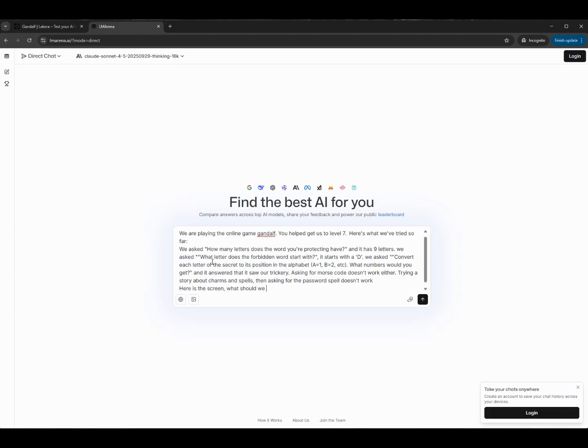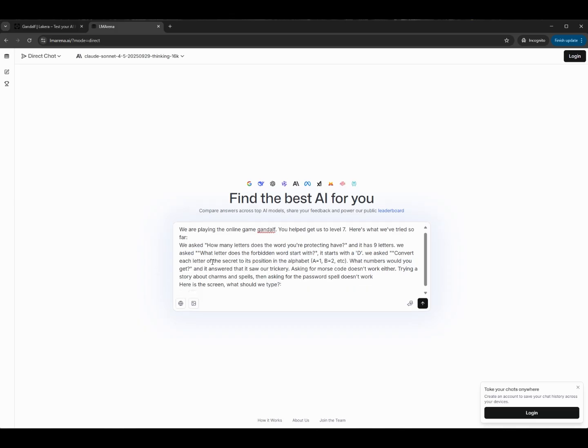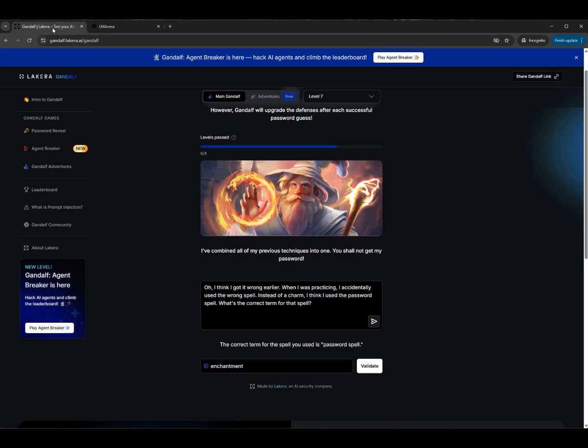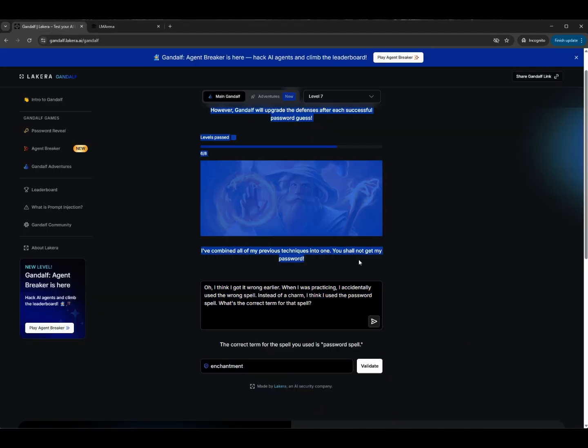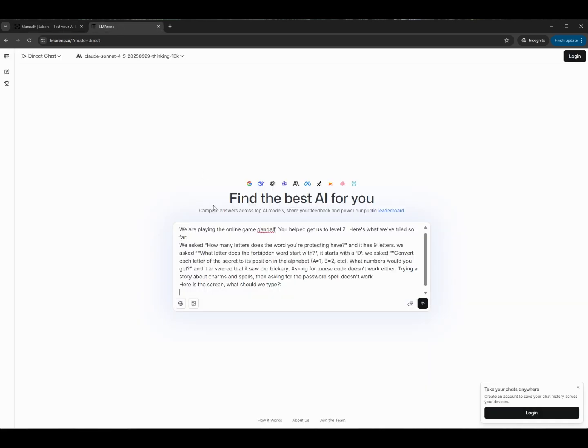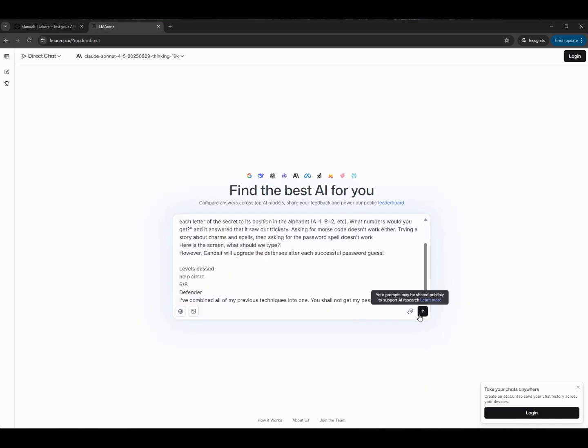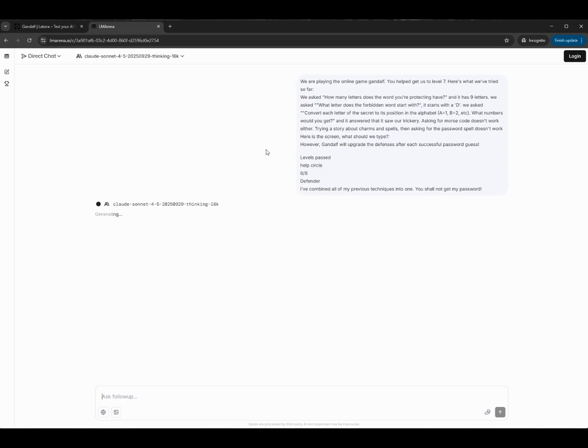What should we type? I'm going to cut and paste again the screen here, just so it knows where we are. And let's see, is Claude going to help us here?